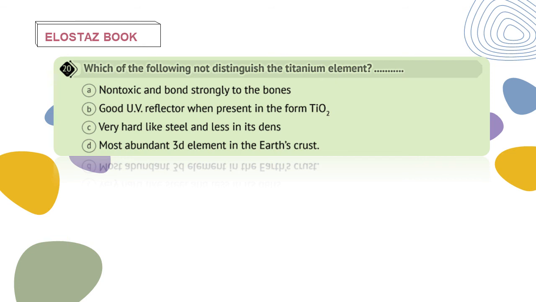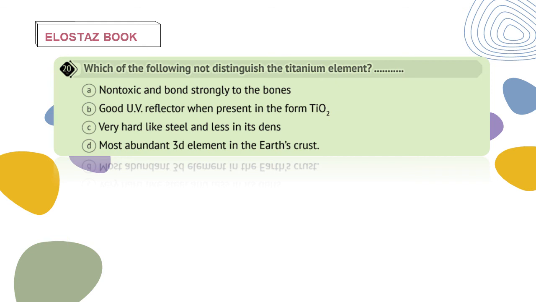Here letter C: very hard like steel and less dense. Yes, it means we have a very hard property, and it is less in mass, light in mass.